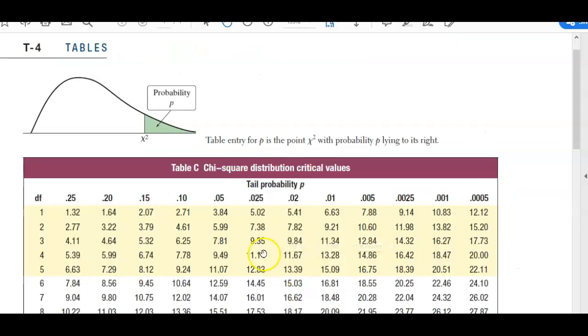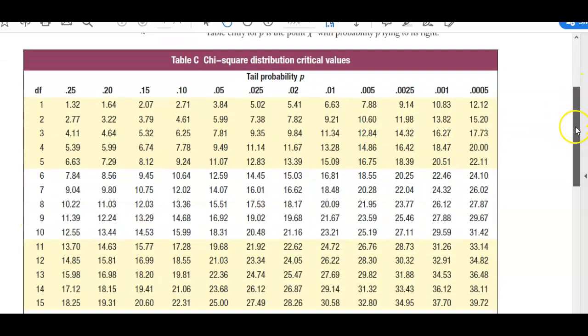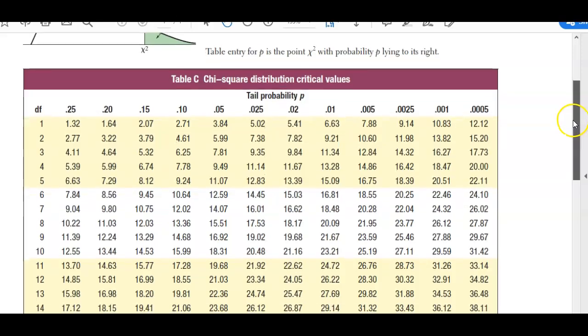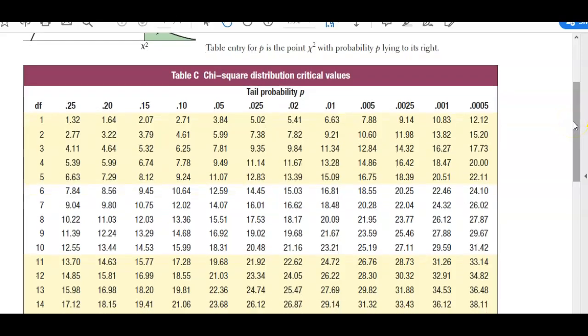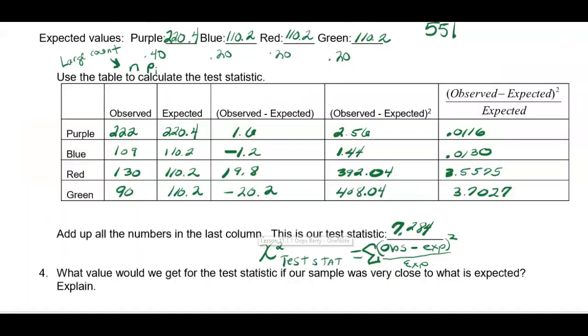Now, if you notice, we've got degrees of freedom, and then the tail probability is on the side. You can see it goes on quite a bit, so it all depends upon what our degrees of freedom are. Our degrees of freedom are calculated slightly differently with chi-squared than with the t test stat. With the chi-squared distribution, we calculate our degrees of freedom by taking the number of categories minus 1.